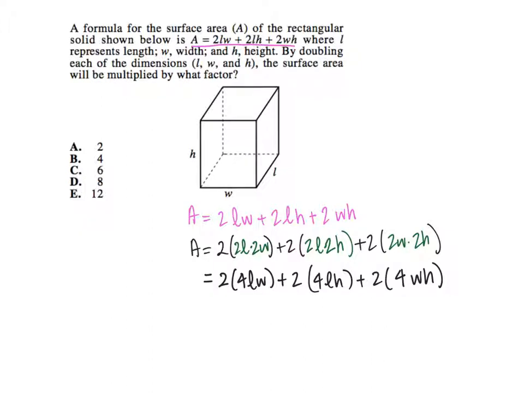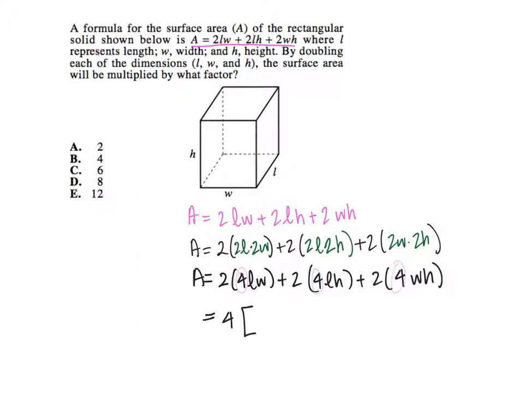And so what I notice here is that all of these now have a 4 inside compared to the original, right? So that means that you could factor out a 4. You could factor out a 4 in each term. If you factor out a 4 from each one of these, just extract a 4 out.